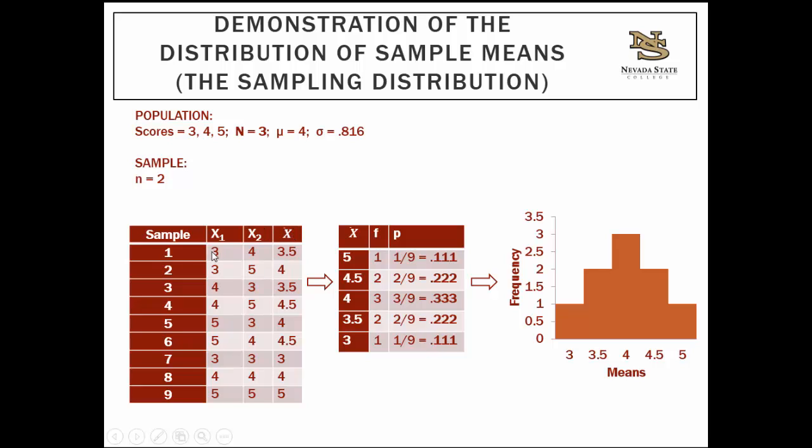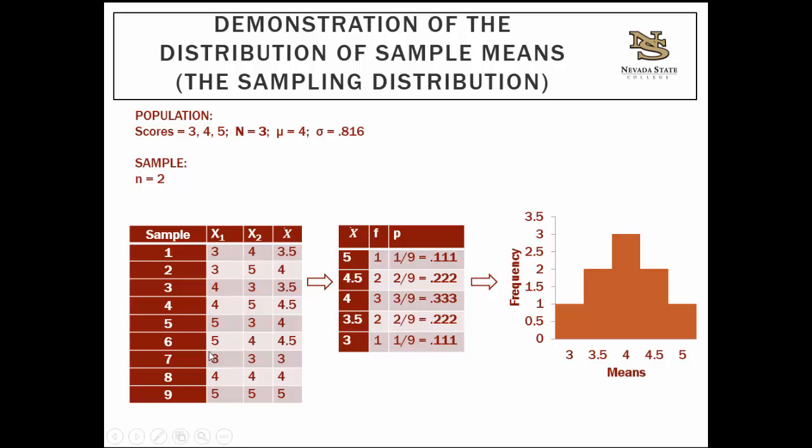All right, so every single possible 2-number combination from this population to get all the possible samples that you could get. So we could have 3 and 4, 3 and 5, 4 and 3, 4 and 5, 5 then 3, 5 then 4. Then we could also have a 3 and a 3, a 4 and a 4, and a 5 and a 5.